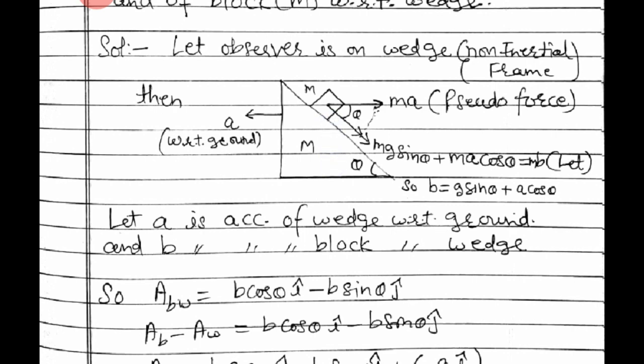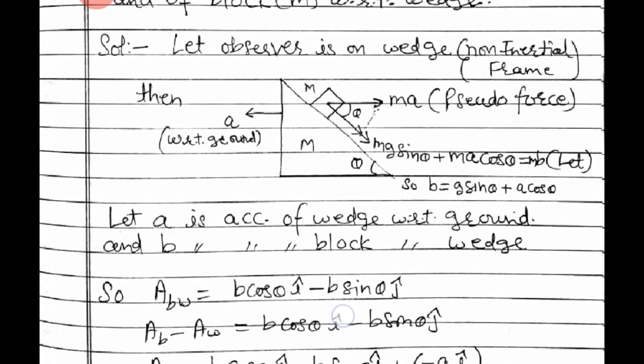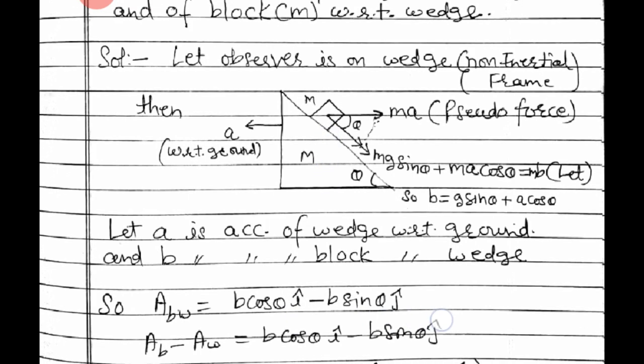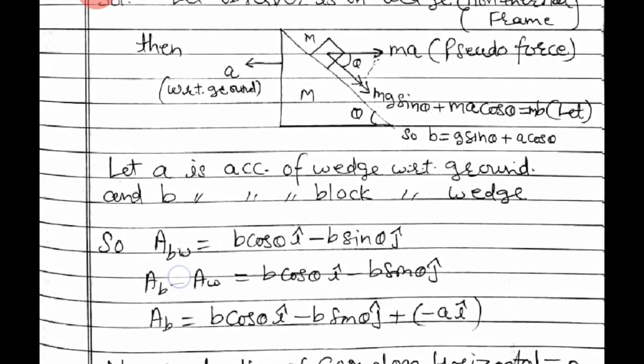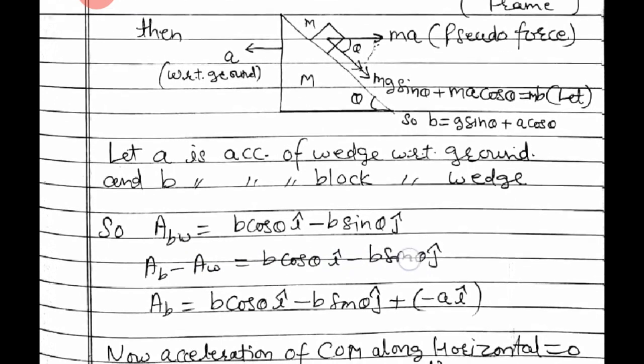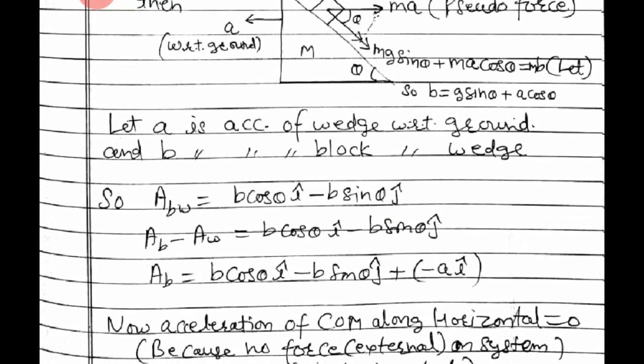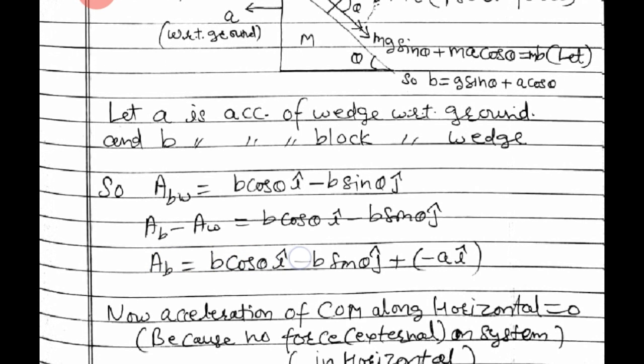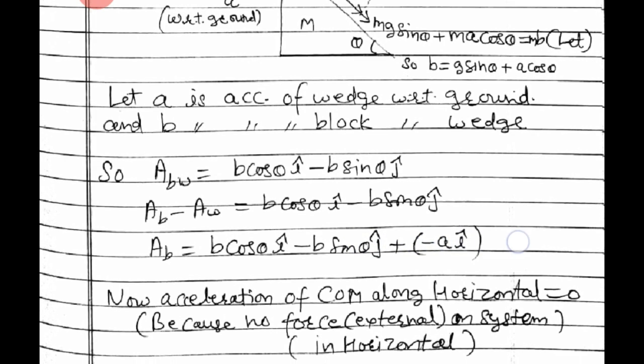So we can write here b cos theta i cap along this line and b sin theta j cap, but it is vertically downward, so minus sign will be there. So this is acceleration of block with respect to this wedge. We can write a_BW is equal to a_B minus a_W equal to b cos theta i cap minus b sin theta j cap.